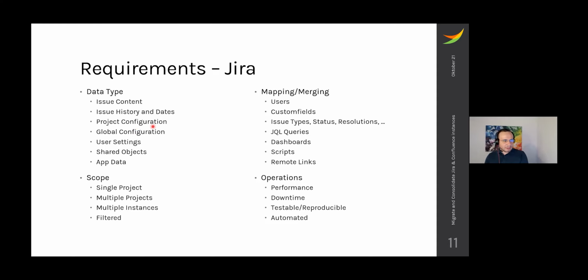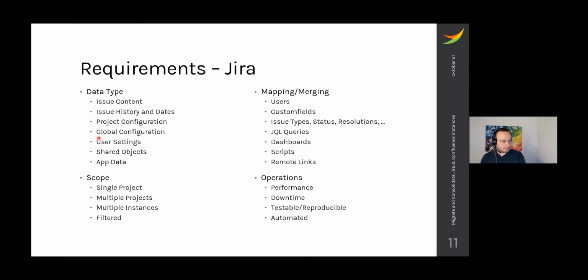Then there's project configuration. Do you actually need to continue working with your existing configuration with this data, or is it just for archiving purposes, then maybe you don't need project configuration. Then there's global configuration.